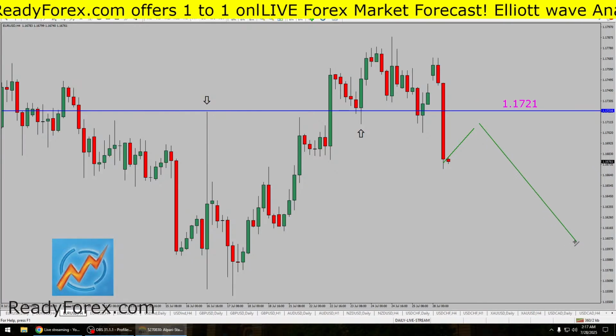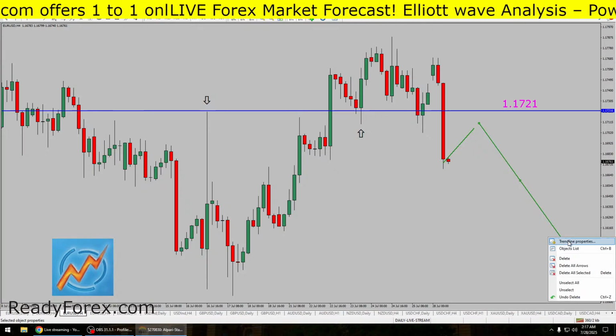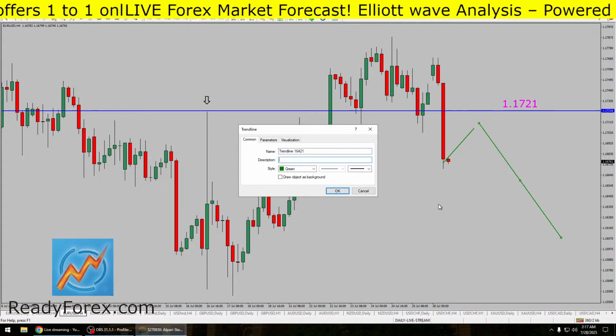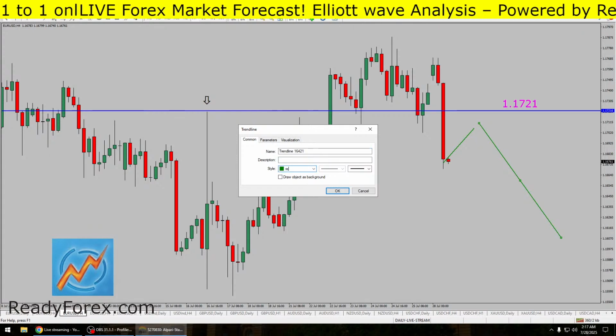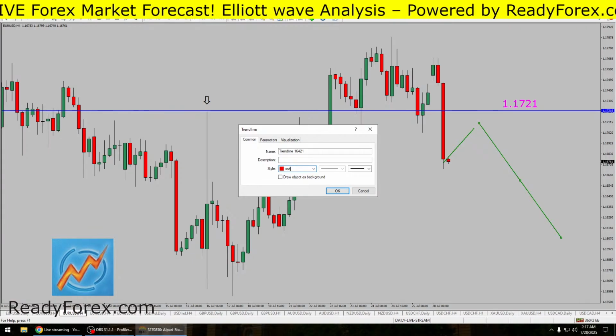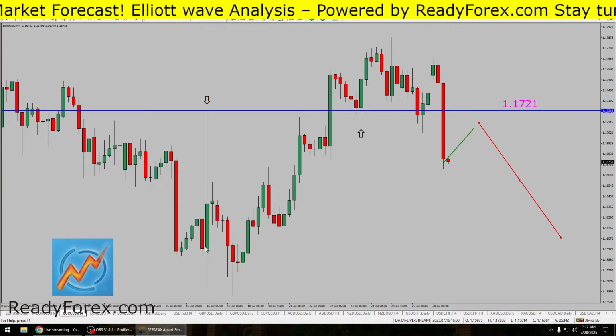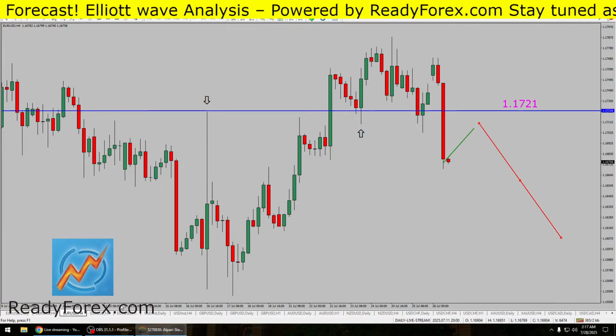Okay, so it's not a good idea to look for a sell trade setup at this point in time. Wait for a pullback, which is probably going to appear after a few hours.